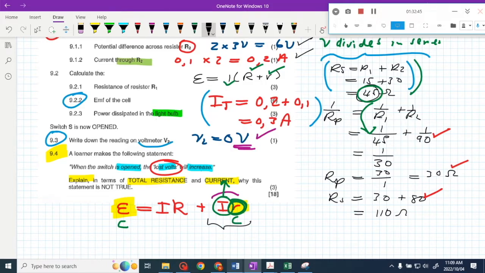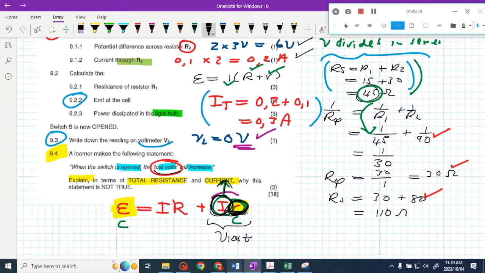If this number is 5, and first we said 5 times 2, we get 10. Now this is no longer 2, this is now 100. 100 times 5 is going to give us 500. So this increases, that is constant. Since this increases and this whole thing is V lost, we can therefore say that the total lost volts does increase. It is true.